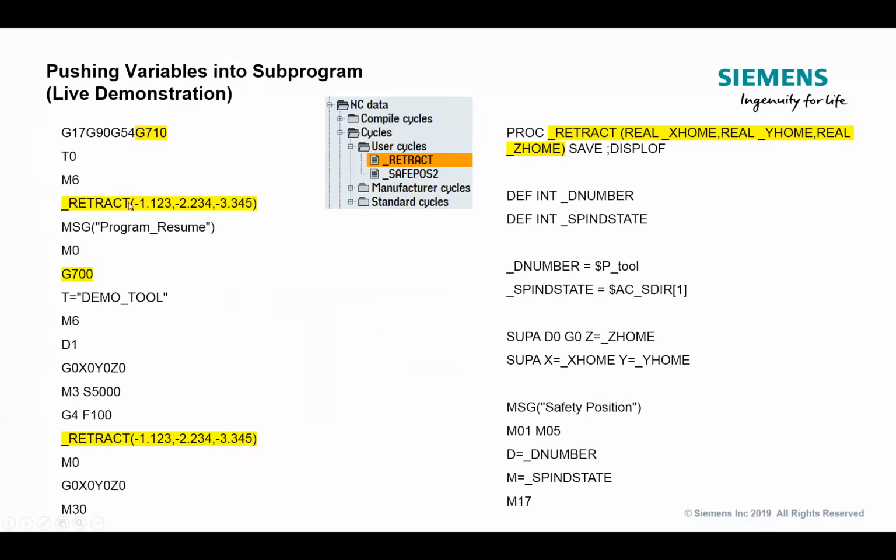So what we're going to do is in the PROC statement, I'm now going to call out some variables, and those variables would be the same as doing the defs below. But when I'm going to push them from another program, I need to define them inside of this comma delimited string, because that's also what defines the placement of the variables.